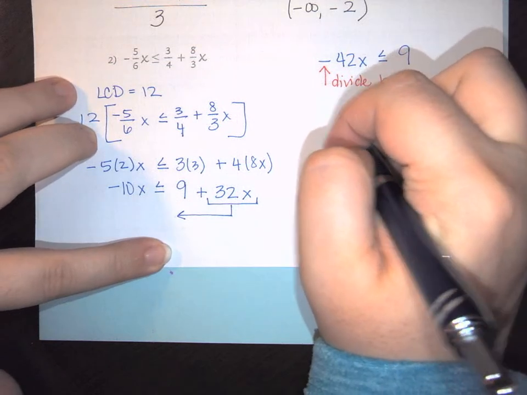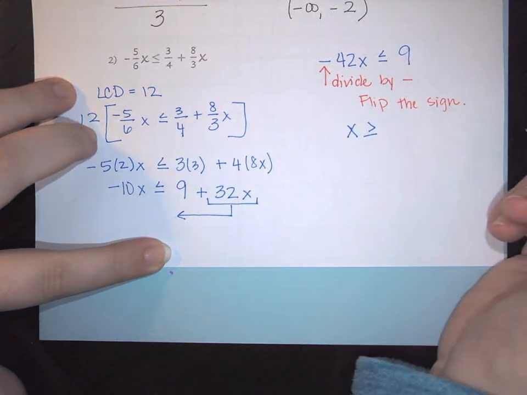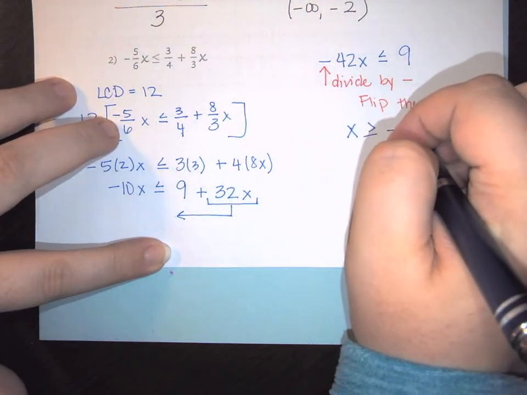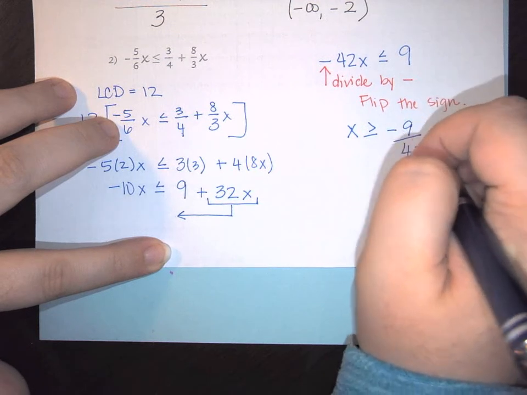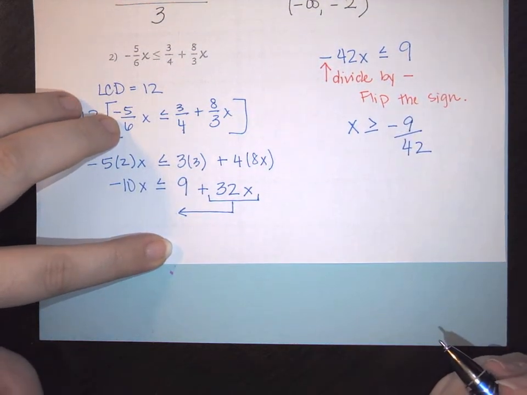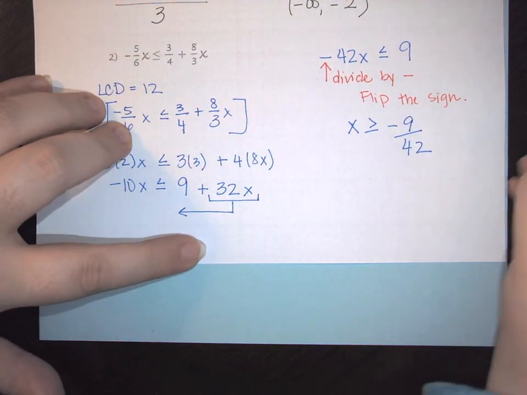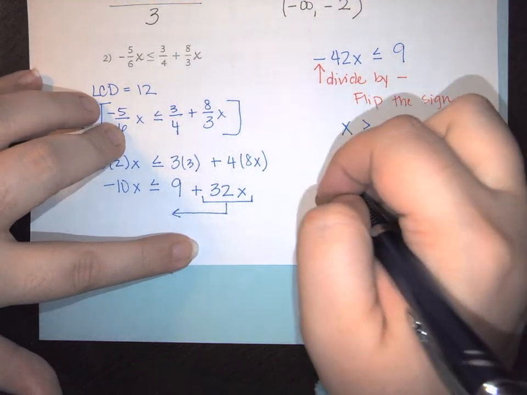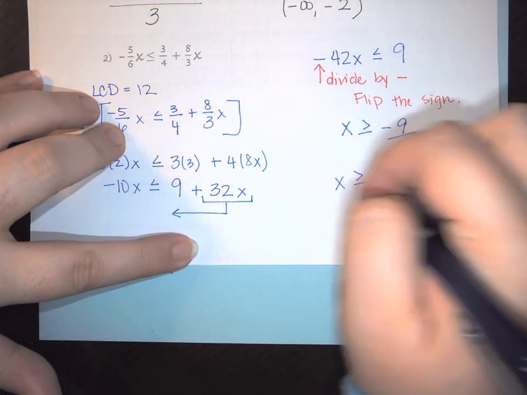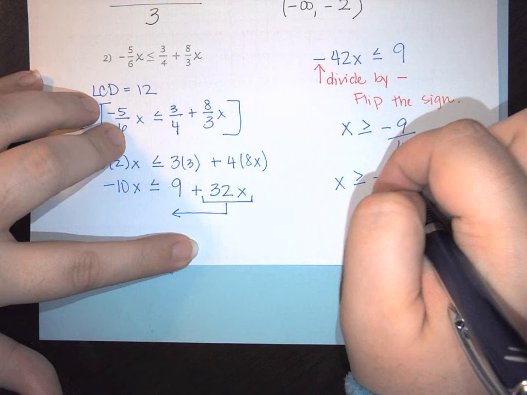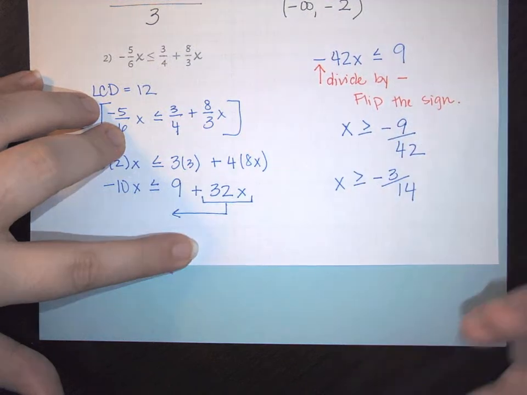So this is going to become x is now greater than or equal to negative 9 over 42. I can reduce this. So this is going to become that x is greater than or equal to negative 3 over 14.